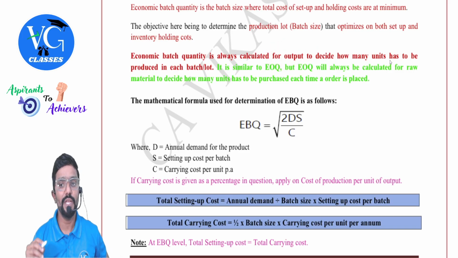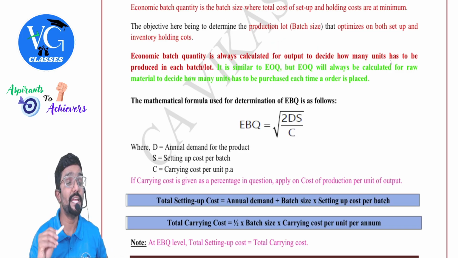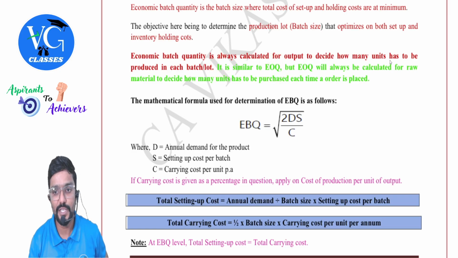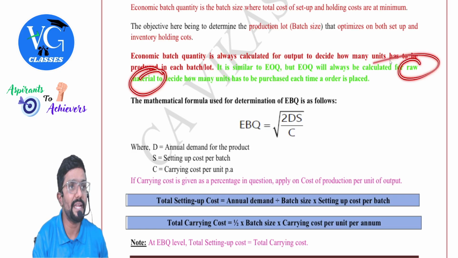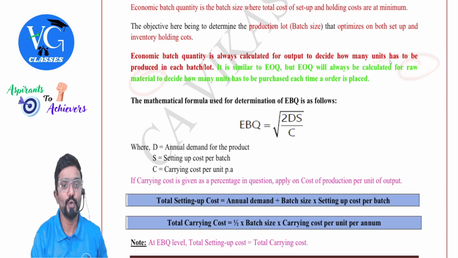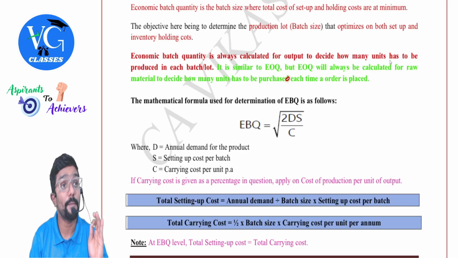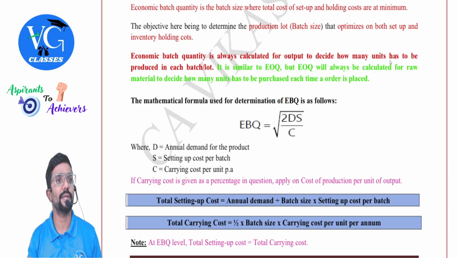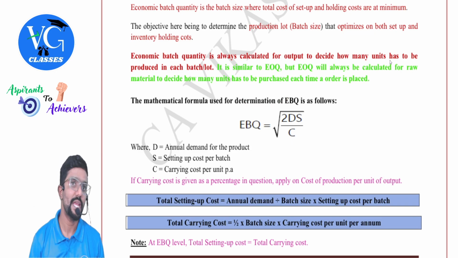To decide how many units have to be produced in each batch or in each lot. Whereas it is similar to EOQ, but EOQ will always be calculated for what, guys? Raw material, that is input. To decide how many units should be purchased, not produced, purchased, each time an order is placed.